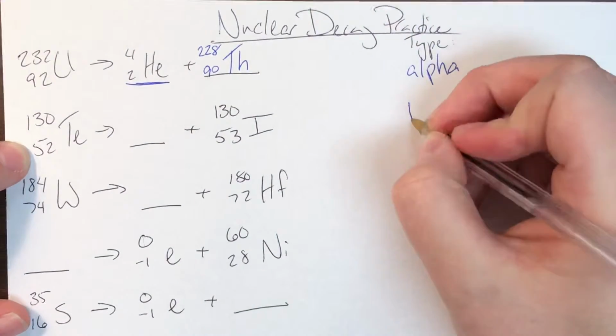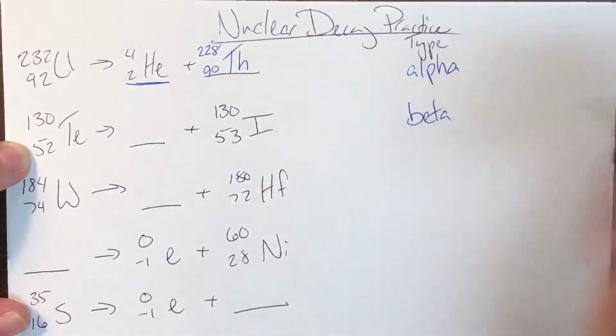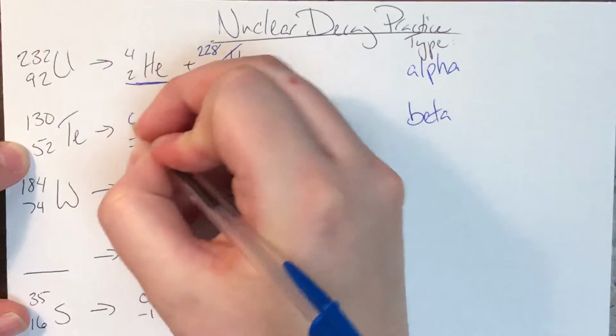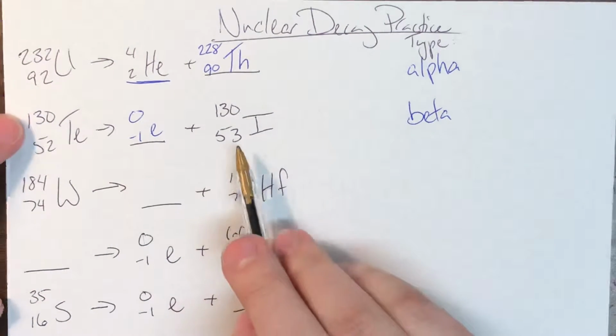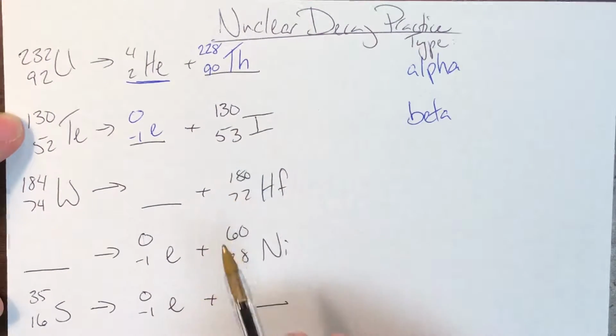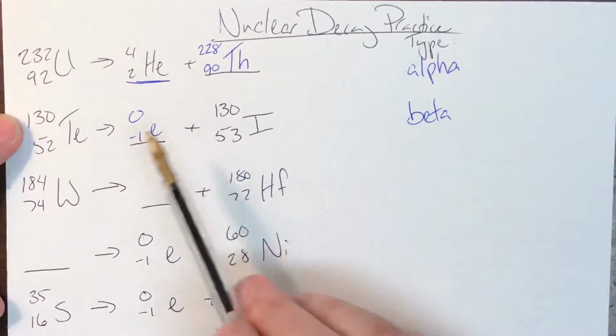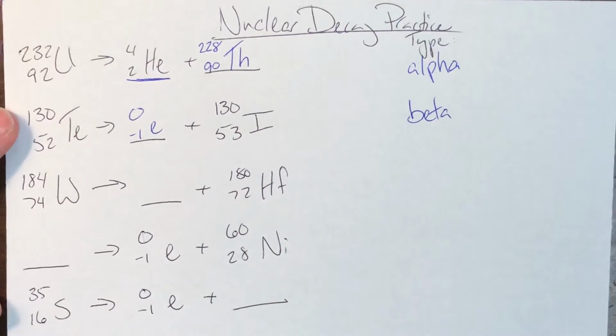That means that this is going to be my beta decay, and beta looks like this. Gamma decay would not have changed my proton number and it would not have changed my mass. So since my proton number increased, it had to be beta.